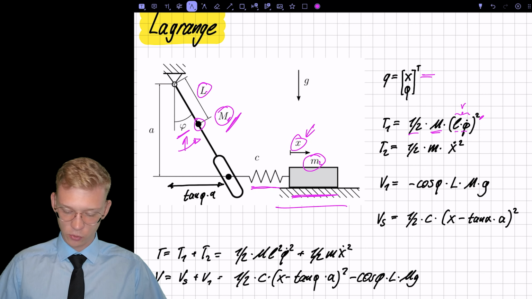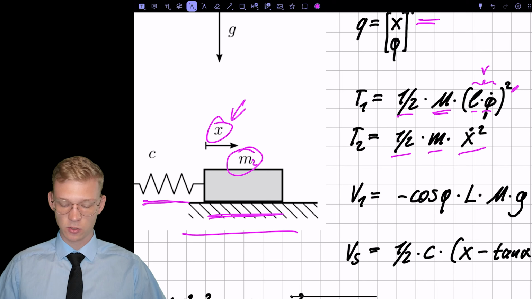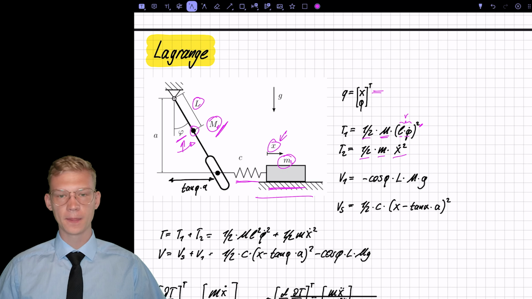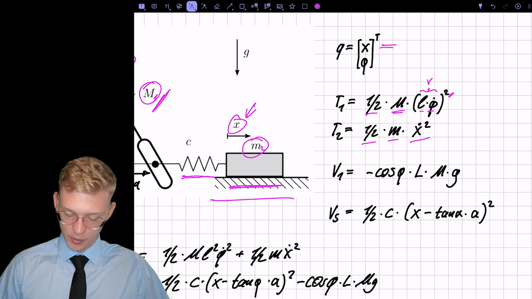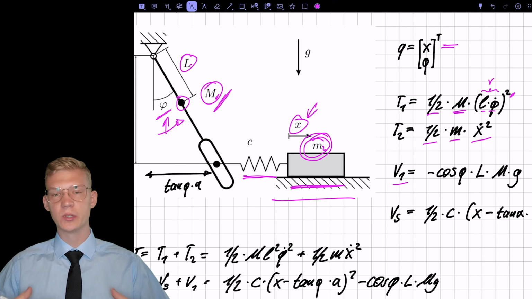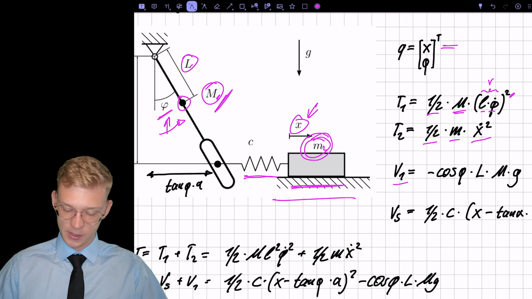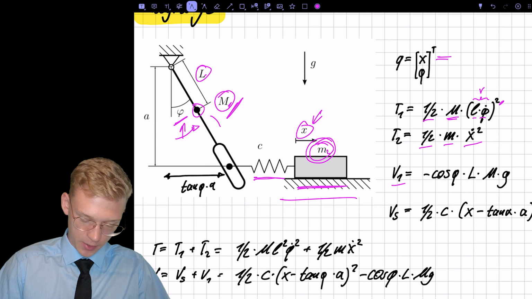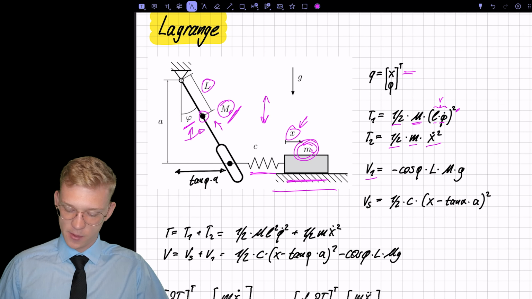If we look at mass 2, it's very simple. We again have 1.5 times m times x dot squared. Now we have to look at the potential energy. First of all, we have mass 2, but mass 2 doesn't have any potential energy because it's just gliding along the horizontal axis. We have mass 1 that can go up and down, and that's why we have the potential energy.